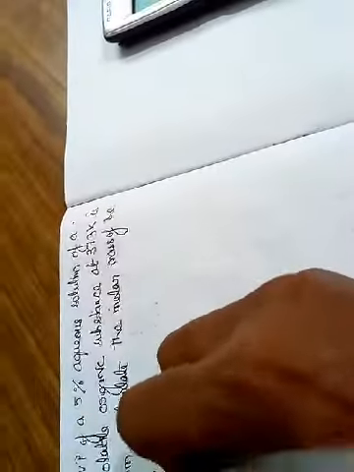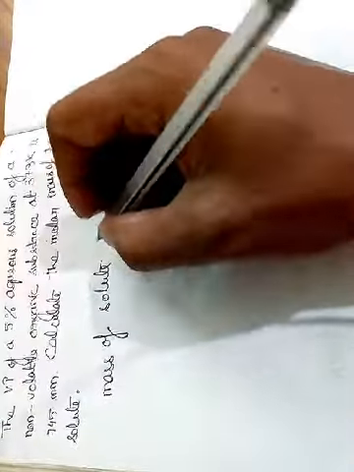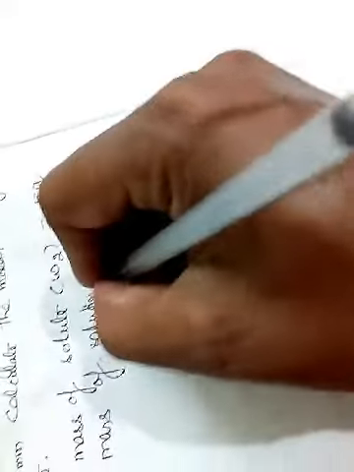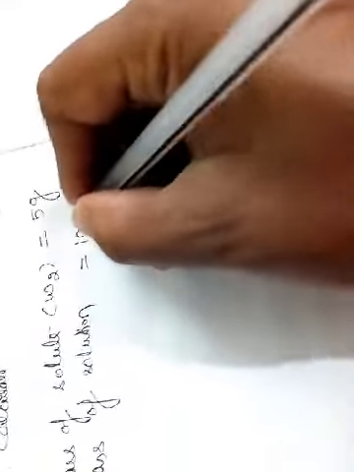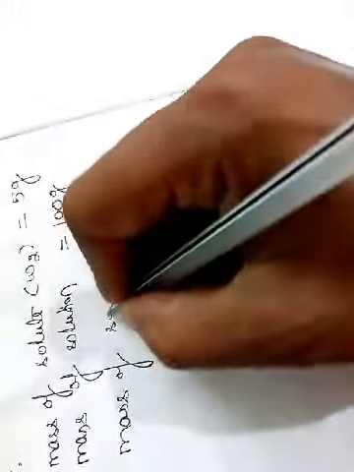So mass of solute, let us take it as W2, as it is 5%, so it is 5 grams. Mass of solution is 100 grams because he has given a 5% solution. As a result, mass of solvent is equal to 100 minus 5, that is 95 grams.